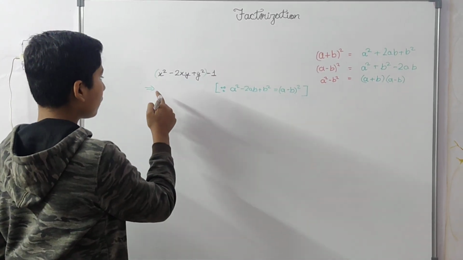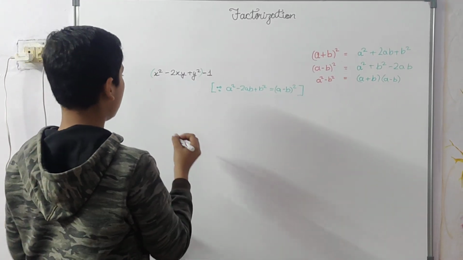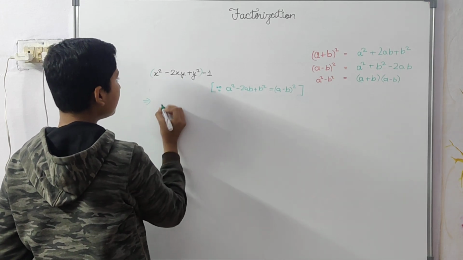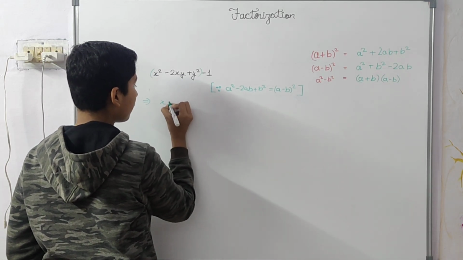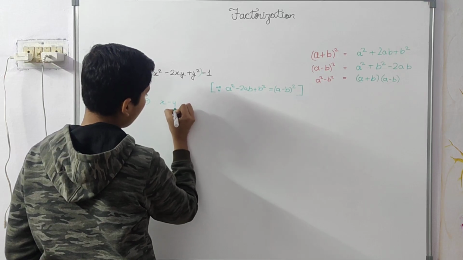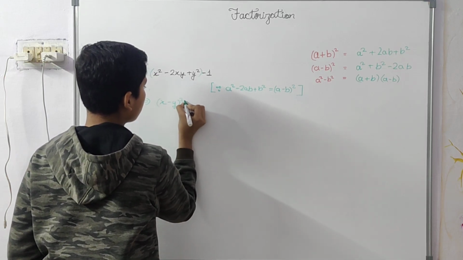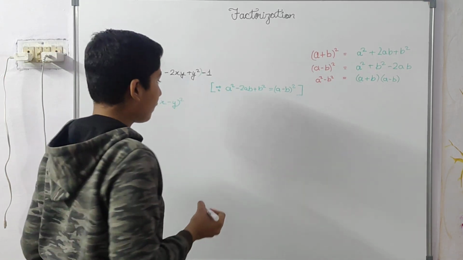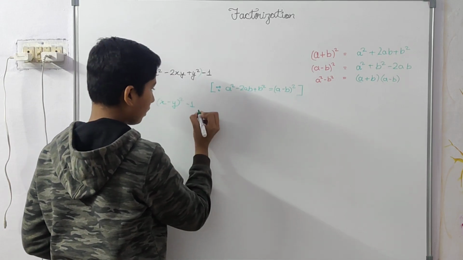Okay, so what step will come here? It will be x minus y whole square, and here minus 1 will come as it is.